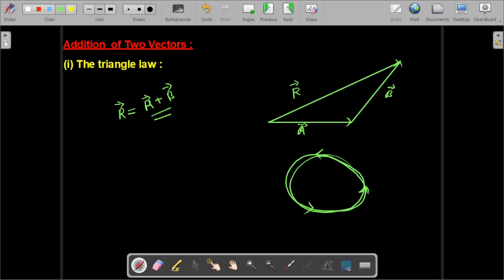This is the A vector, this is the B vector, and the R vector is opposite to them. This is a technique. If two vectors are in the same direction, add them, and they will be equal to the opposite vector. Here the direction of the R vector is opposite to the direction of A and B. You can compare like that. Okay.